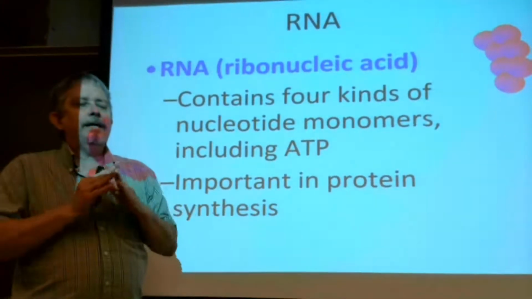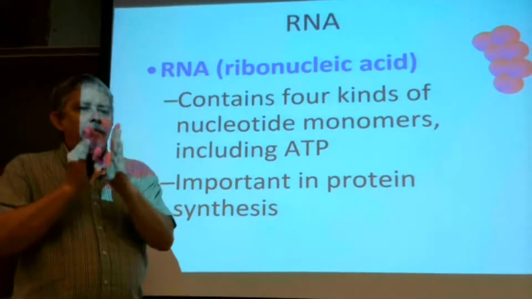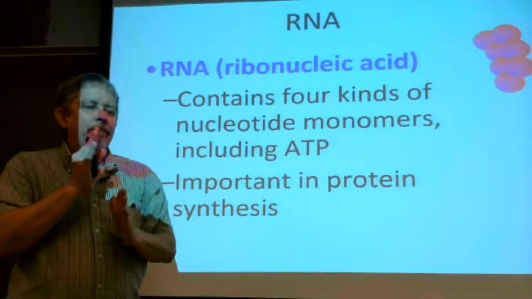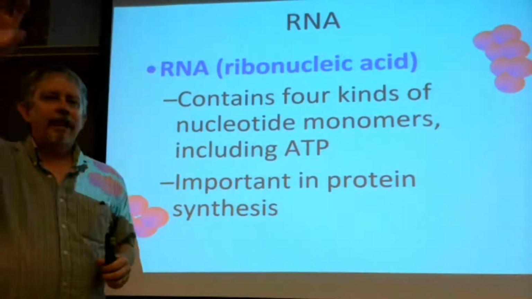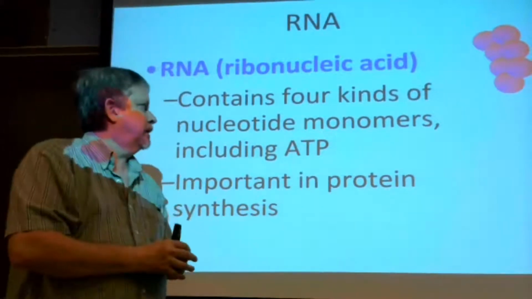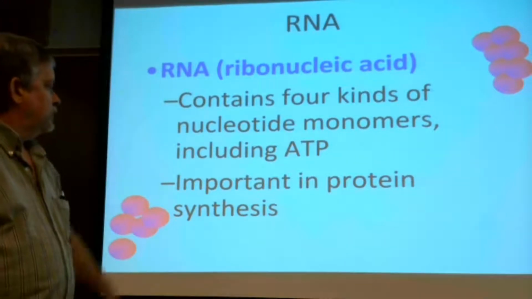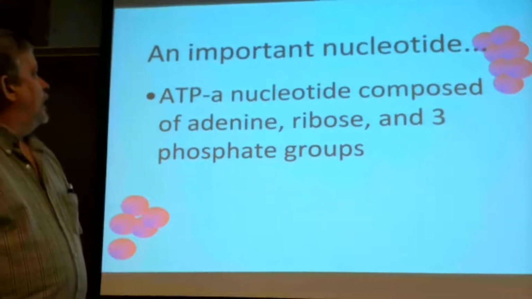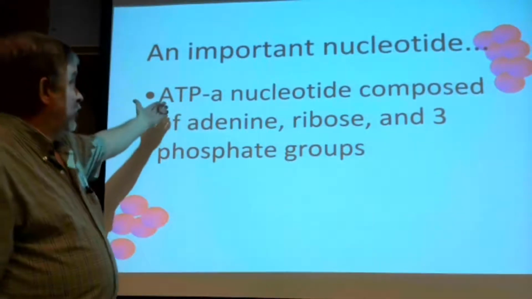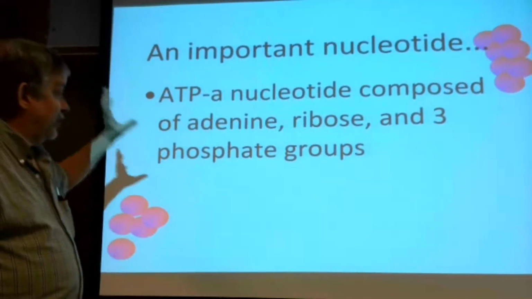The DNA is unzipped. The RNA will then come and make an exact copy of that portion of the DNA, then carry it out to the ribosome, and then they will put together the amino acids there at the ribosome. So it is critical in protein synthesis.